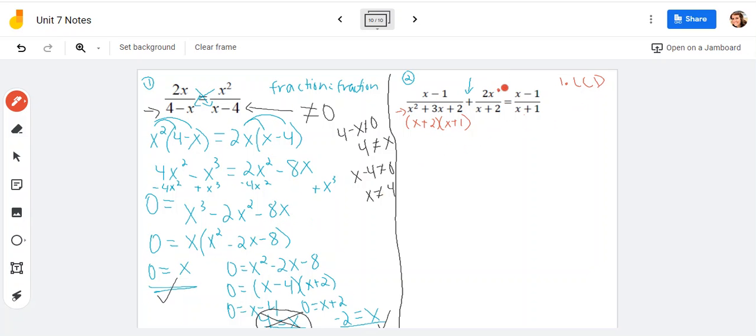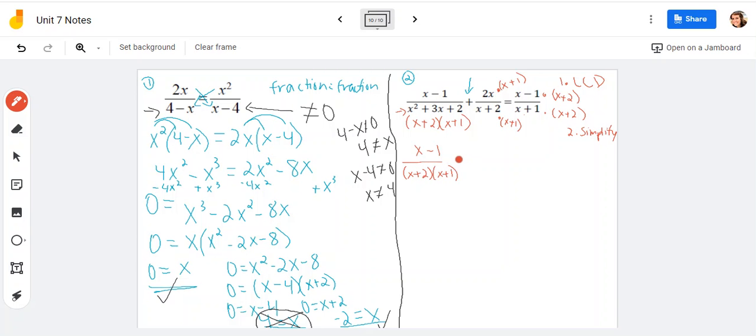So I need to multiply this middle fraction by x plus 1. And then my fraction on the right side, I need to multiply by x plus 2. All right, so now that we got the LCD, we need to simplify. So my first fraction kind of just stays the same.